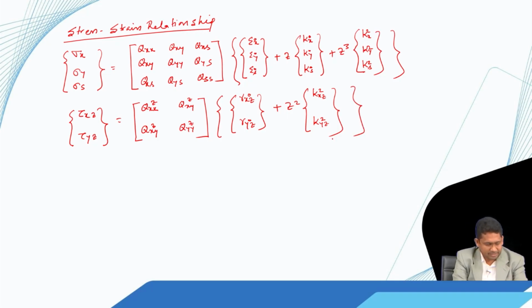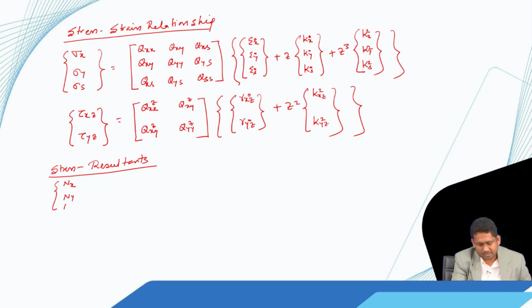Now, from here we find out the stress resultants, and that will give us the laminate stiffness terms. The first set of stress resultants that we derive are the in plane forces. So, we have Nx, Ny, Ns, we already know what these terms mean, and that is integral of sigma x, sigma y, sigma s along z. Now, because these quantities are ply dependent, we have to integrate over each ply and sum up.